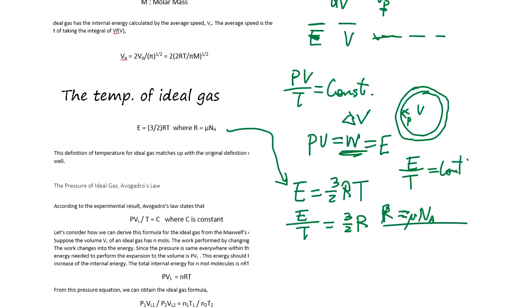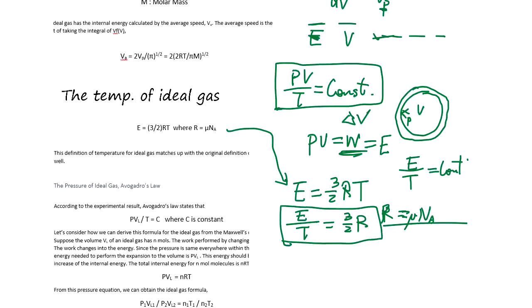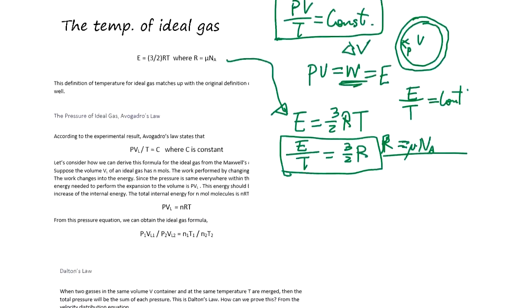So what Avogadro's law is saying, PV over T is constant in an ideal gas, exactly matches the result of this statistical thermodynamics model.